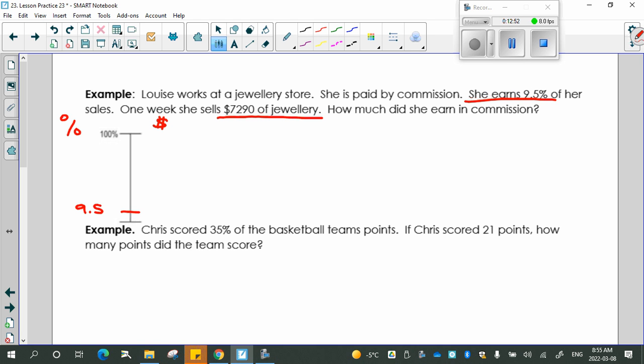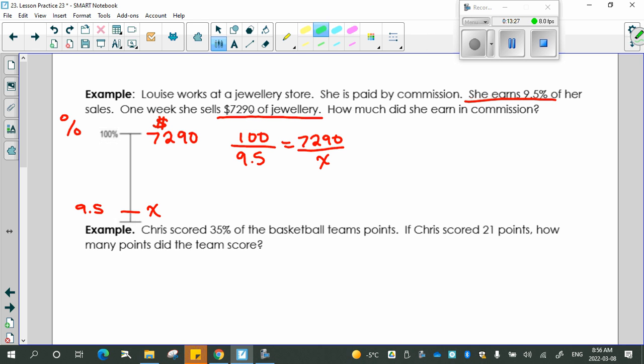So they're not giving her $7,290. That means she would get 100% of everything she sells. That'd be less, right? They're giving her 9.5% of that. So the total value of her sales is that, but we want to know how much she makes off selling that much. So that's going to be our proportion we set up. And then we can just use our diagram just like it is to make our proportion.